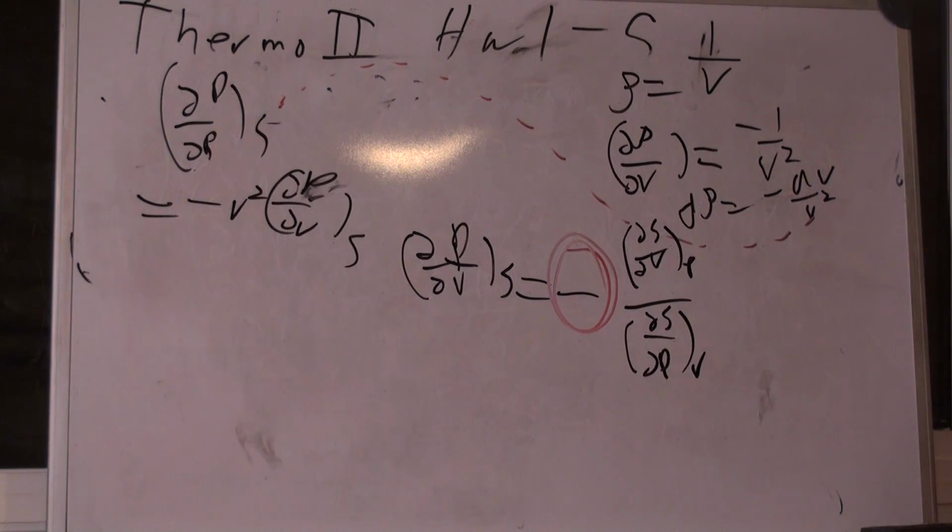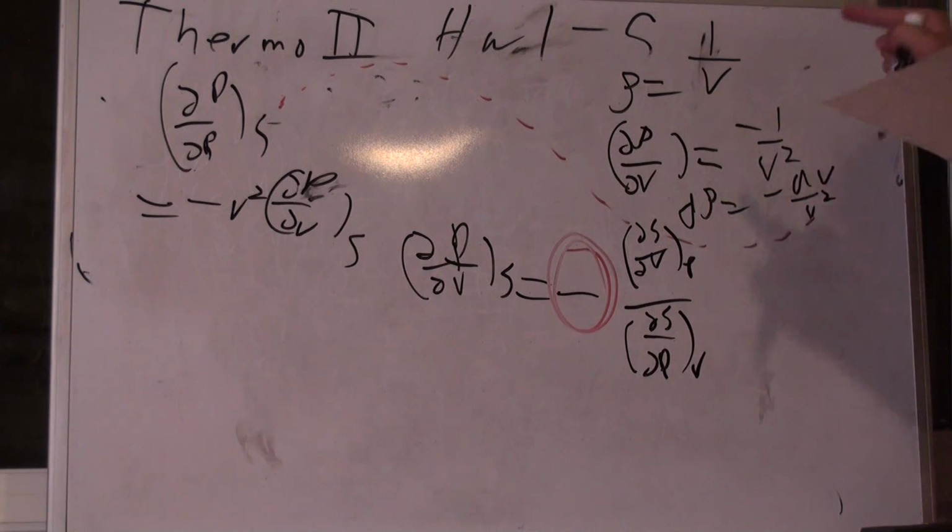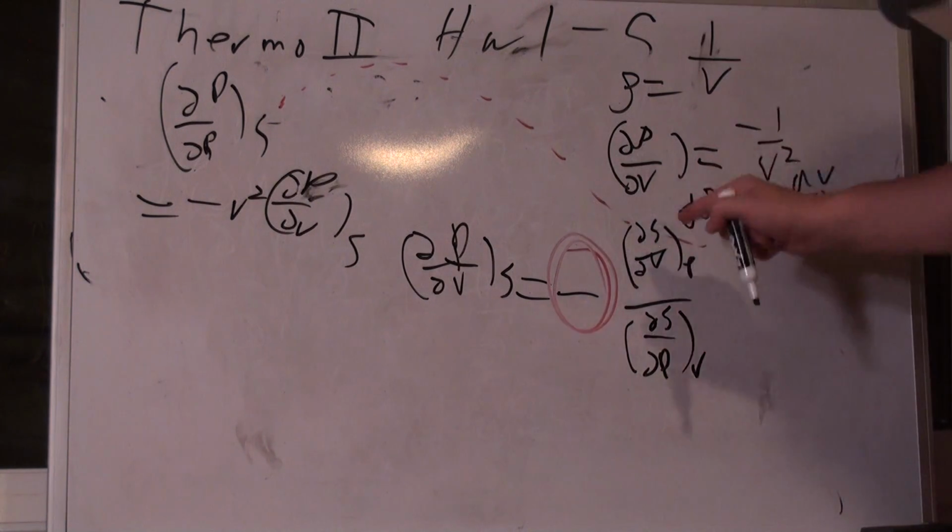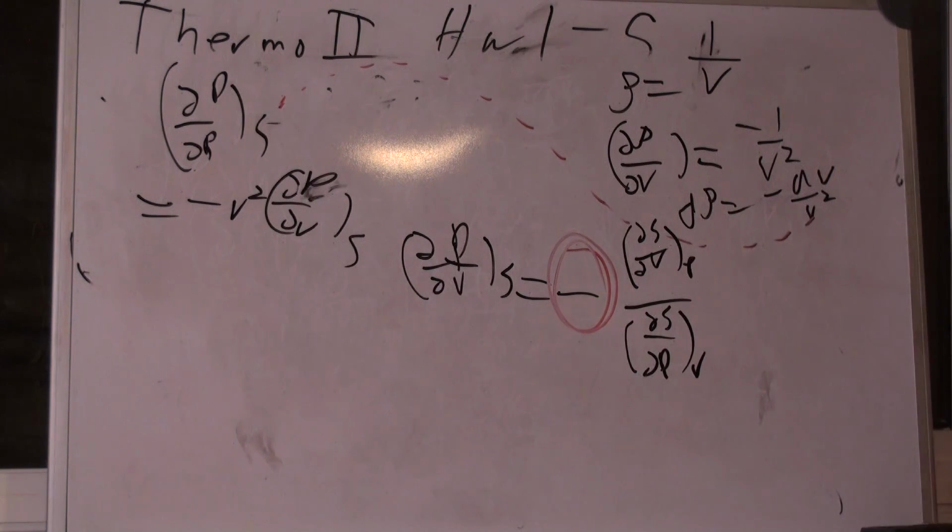So what's my other option? That's right, a chain rule, trying to get towards those heat capacity relationships. I look at the constant to figure out where I want to be. I got a ds and I got a p, boom, that's CP.